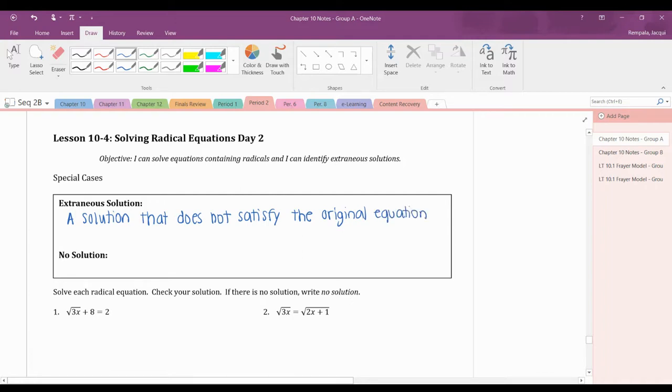When something doesn't satisfy an equation, that means it won't become a true statement. So that means we want to be talking about no solution. You get the answer of no solution when you get extraneous solutions for an answer.